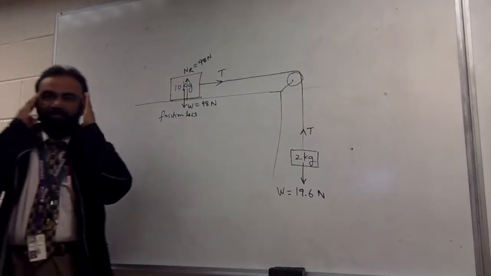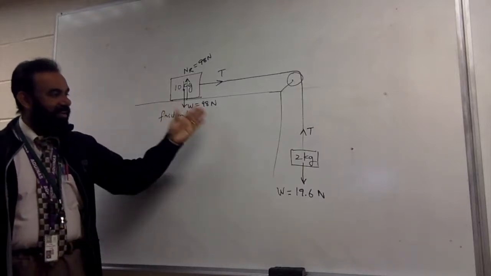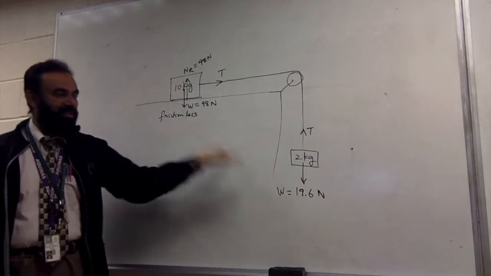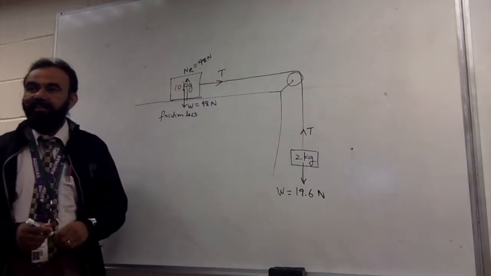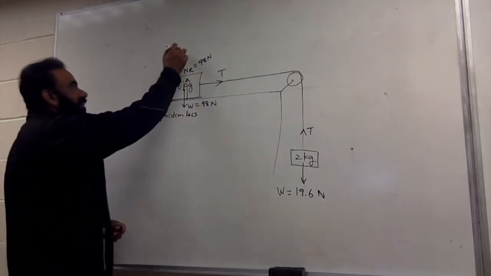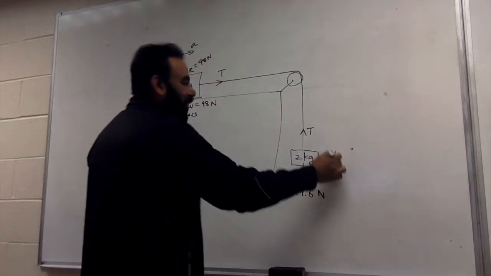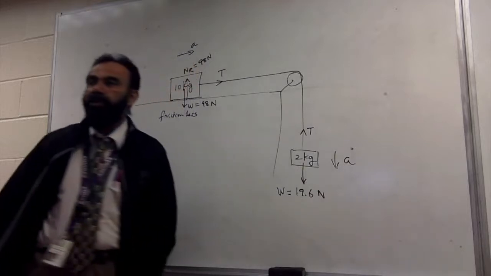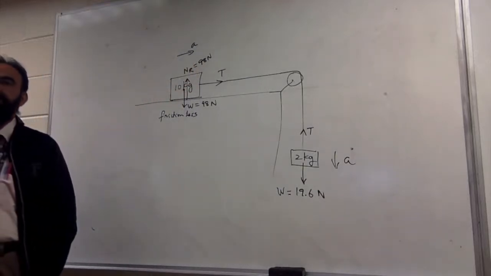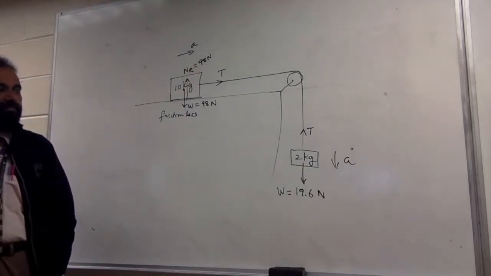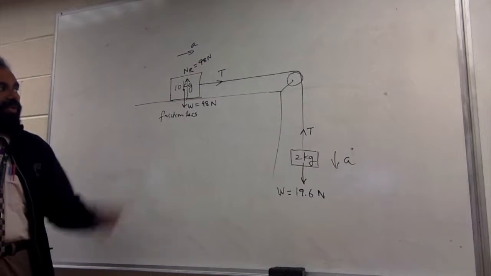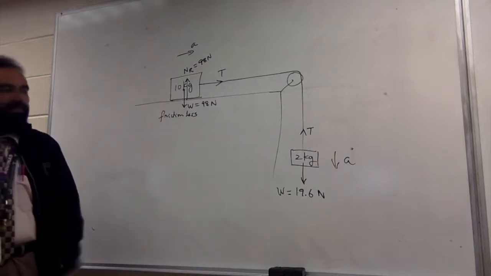So you have to put your mind straight and say, this thing is not going to climb up this way. It's not going to lift that up. That is wrong in terms of physics. So you know that this is going to accelerate that way, and that one is going to accelerate downward as well. So we understand that it is accelerating because there's nothing else holding this object. So it has to accelerate.